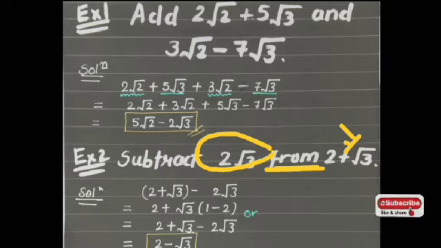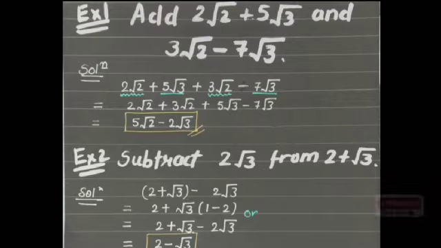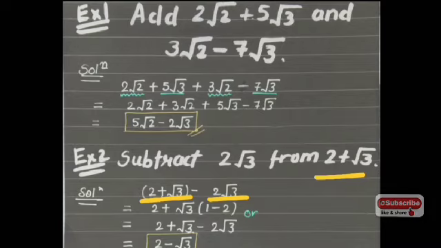So 2 root 3 should be subtracted from 2 plus root 3, which means we write the latter number first: 2 plus root 3 minus 2 root 3. Here the root 3 terms are like terms, so we combine them and take root 3 common, getting 1 minus 2, that is minus root 3. So the answer is 2 minus root 3.